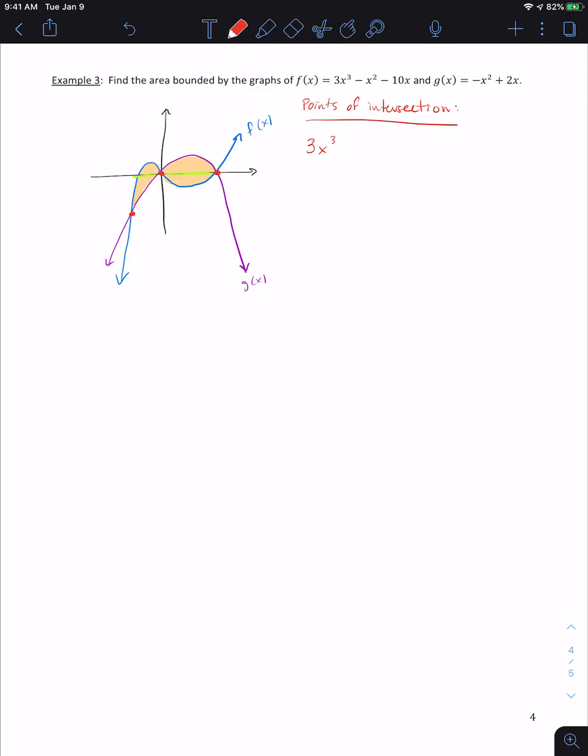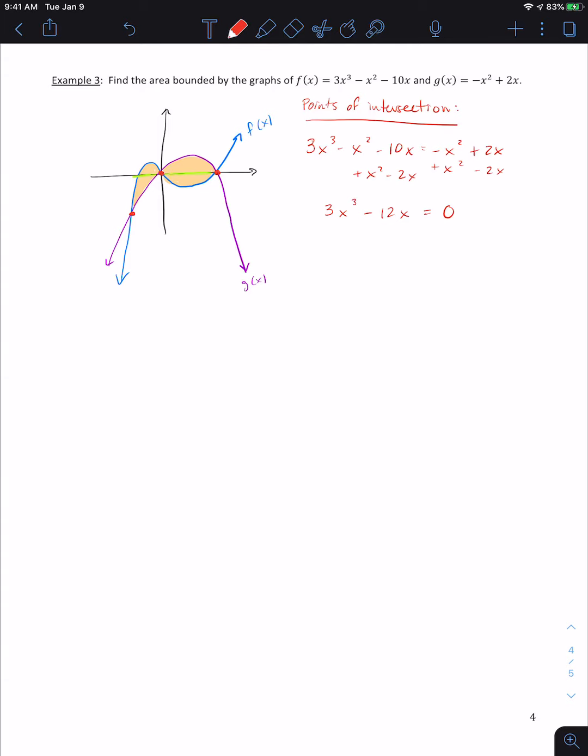So 3x cubed minus x squared minus 10x, and I'm going to set that equal to negative x squared plus 2x. Let's add x squared. Let's subtract 2x. So I get 3x cubed minus 12x equals 0.